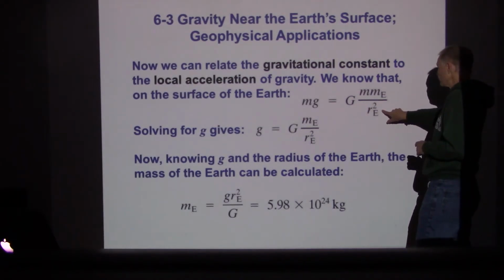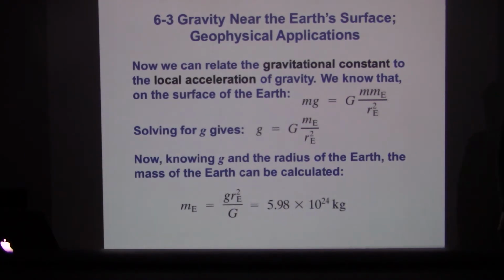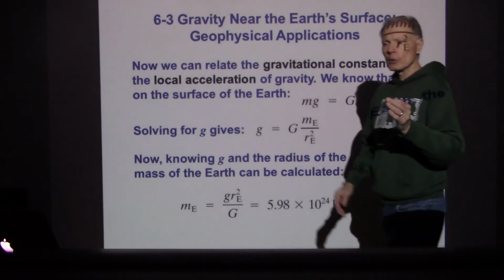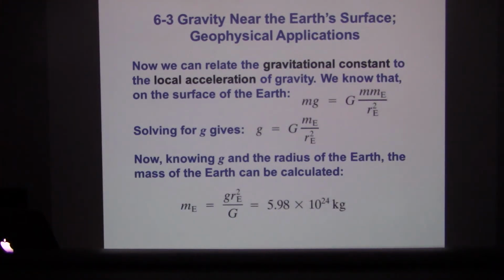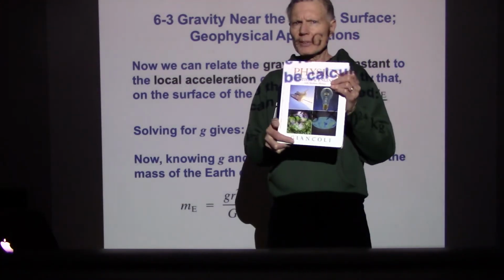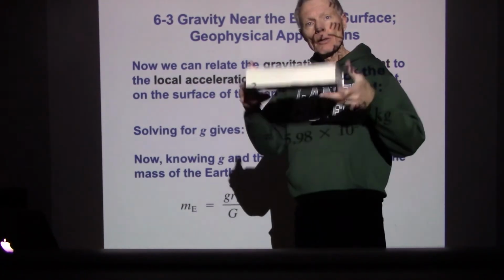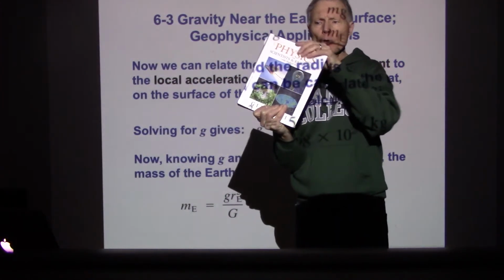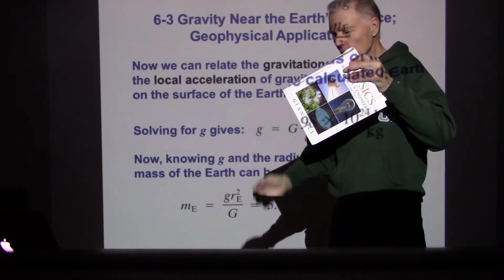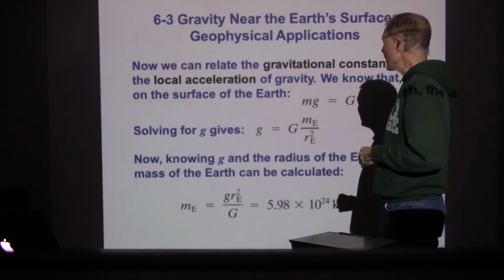That's center to center, so that distance would be the radius of the Earth if we measure from the center of the Earth out to an object sitting on the surface. So here is an object, and what's the force acting between this object and the center of the Earth? We need to know distances, so the distance between where this object is and the center of the Earth is given by the radius of the Earth.